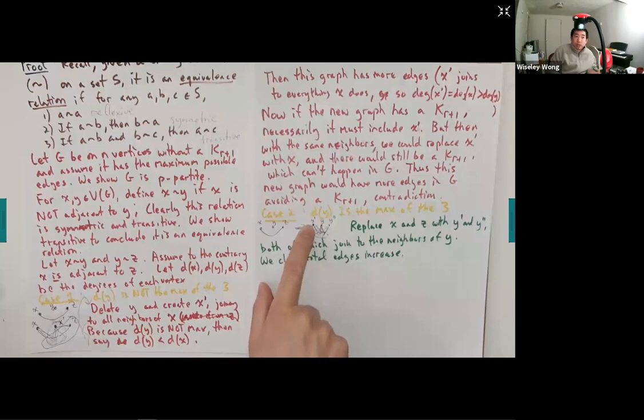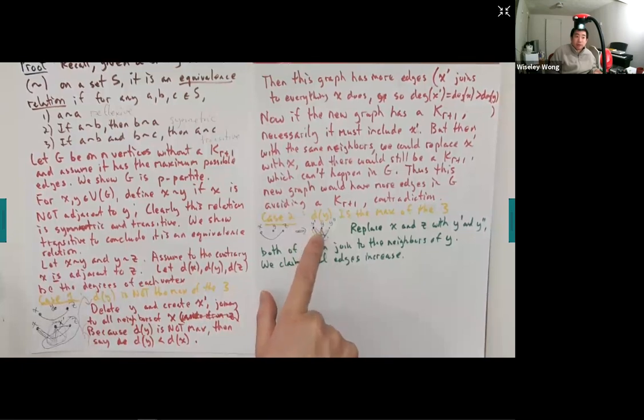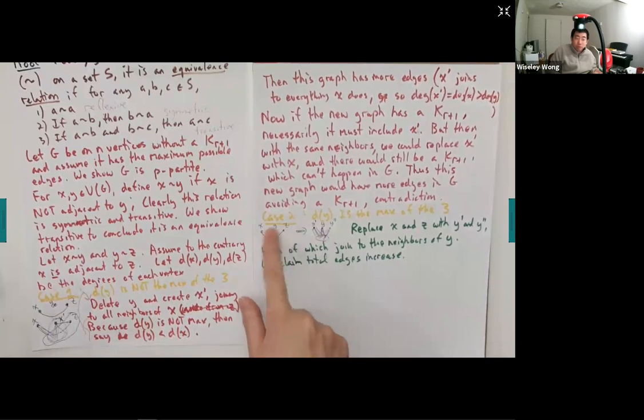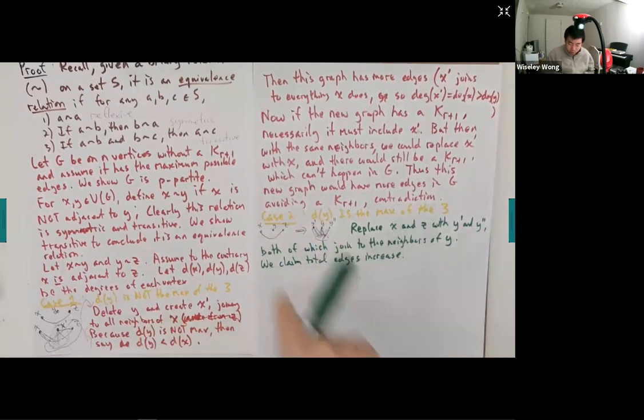But again, y prime has the same set of neighbors as y. So instead of working with y prime, which you claimed was creating the clique, I could have chosen y to be part of it instead, because they have the same exact neighbors. But then in the original graph there would have been a clique of size r plus 1. So the same argument follows once we conclude that the number of edges in this graph increased.